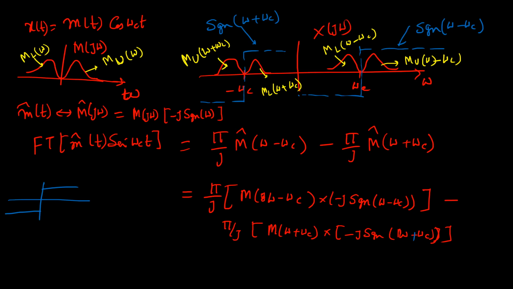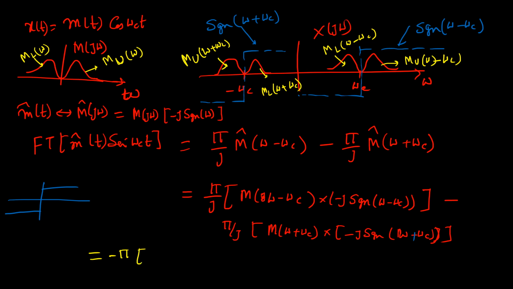Okay, so if I consider it that way, this capital M of omega minus omega c has these two components, and then it is multiplied separately. So you see here what is happening. The j is cancelling out, minus pi. Minus pi is fine.